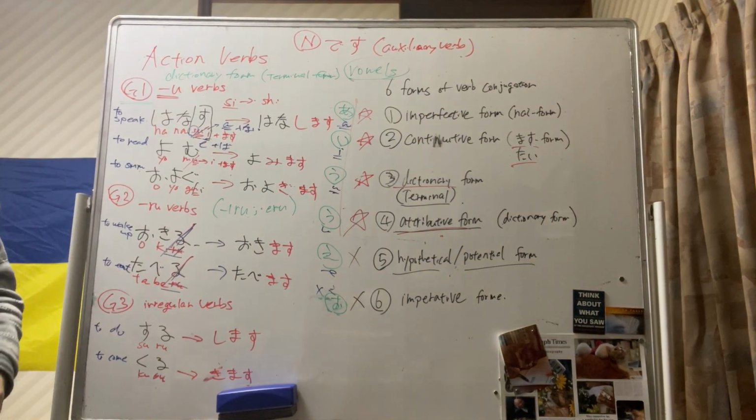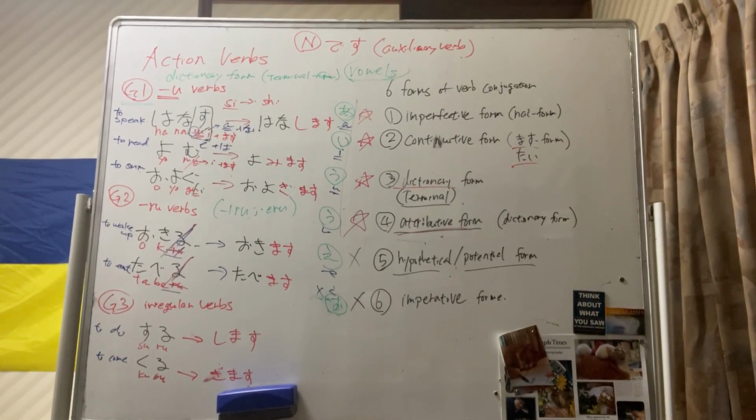But just a question. The imperfective, the nai form, I understand what's happening there. But could you give me an example, just in English, of what is happening with all of these things, just in the example of hanasu? Yes. So hanasanai, I don't speak. But what's happening with all the others?